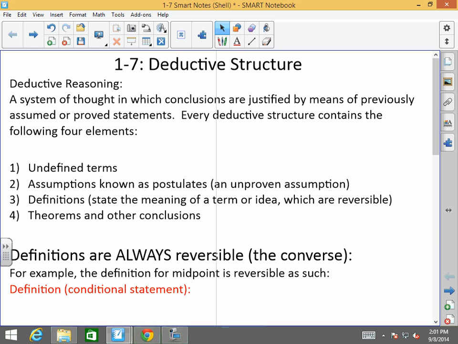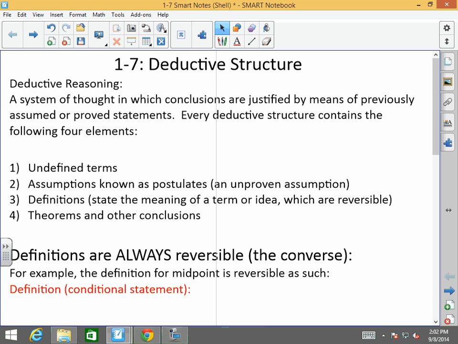So definitions are always reversible. Are theorems? No, not always. Sometimes. Are postulates? No, sometimes. But are definitions reversible? Yes. They are always reversible. And it is called the converse. That doesn't necessarily mean that they're going to be true, but they are reversible.